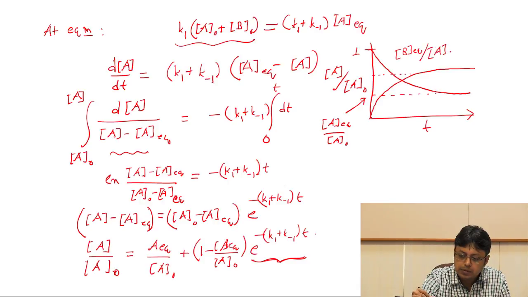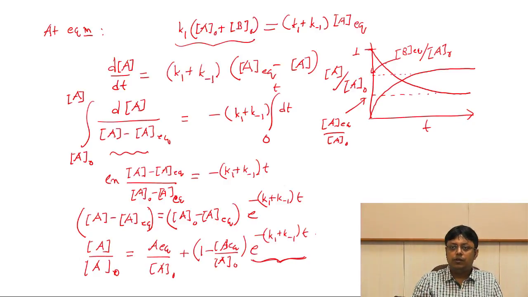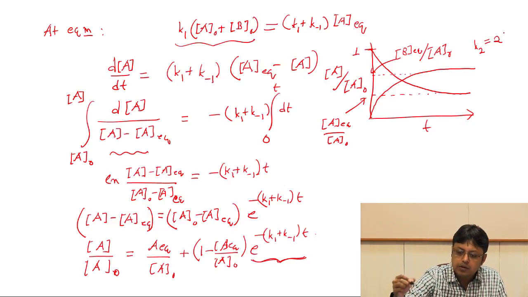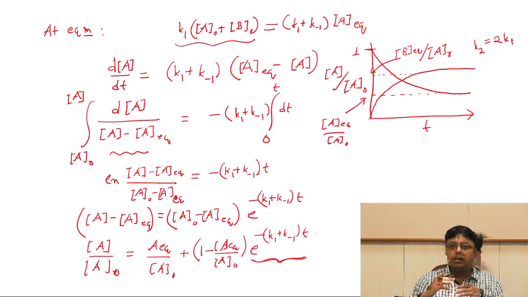Now we know that the equilibrium concentrations will be given by the ratio of the rate constants, and suppose K2 is say twice of K1, which means at equilibrium the ratio of B equilibrium to A equilibrium will be 2, or B equilibrium by A0 divided by A equilibrium by A0 will also be equal to 2.